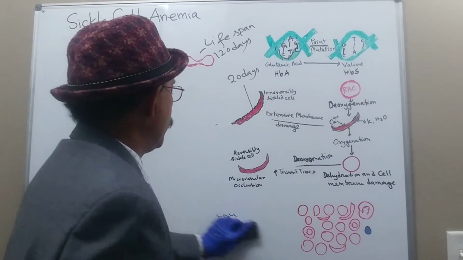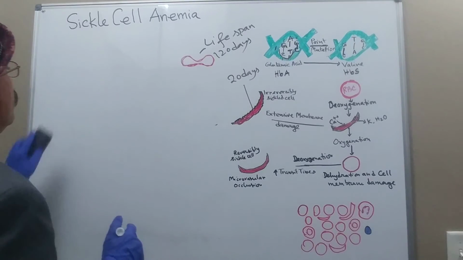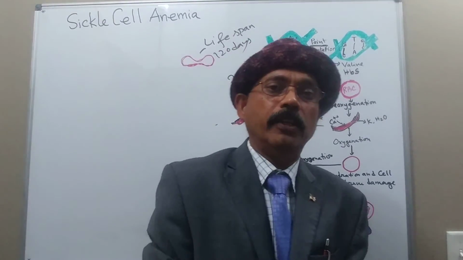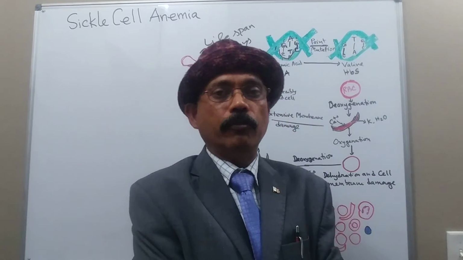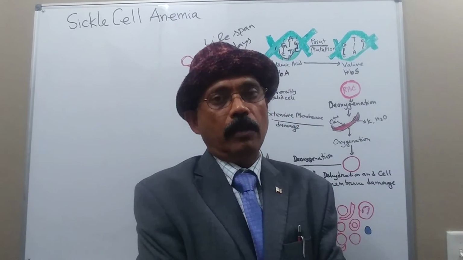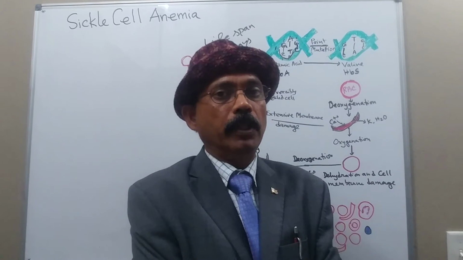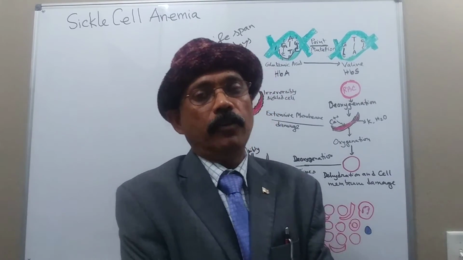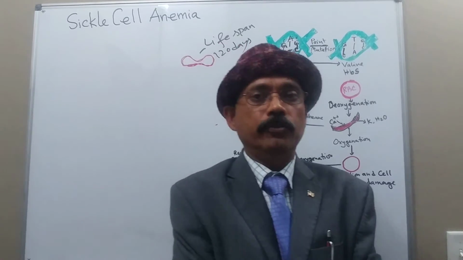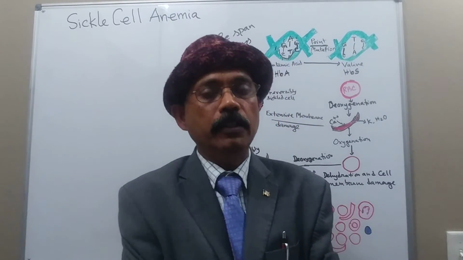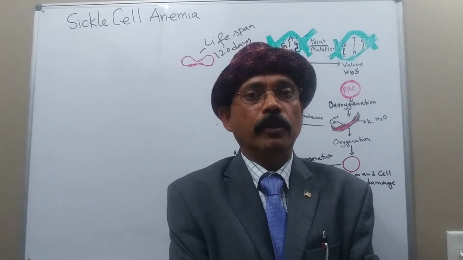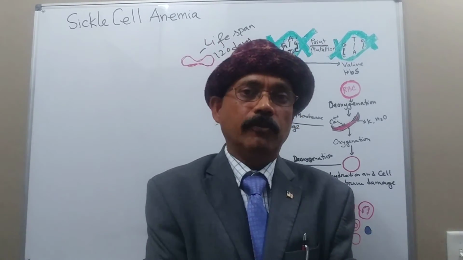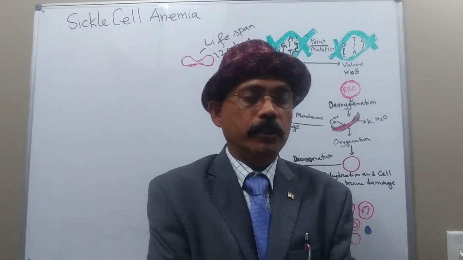So how do we manage a patient with sickle cell anemia? Avoid the predisposing factors that cause sickling, vaso-occlusive crisis, and pain crisis, like dehydration, acidosis, and staying at high altitude in low oxygen. That may cause the vaso-occlusive disorder, so it should be avoided.